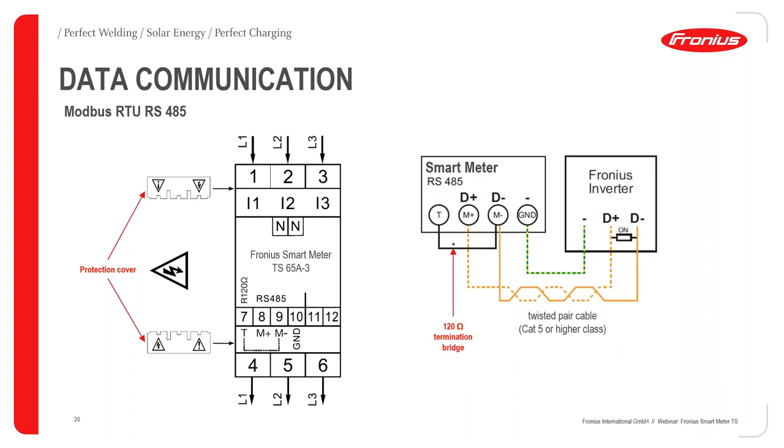The second is the 120 ohm termination resistance on both ends of the data line. So in this case on the smart meter and the inverter. And the third topic is ground the shield on one side. And that's it. Then we really made sure to have the highest secure data communication between those components.